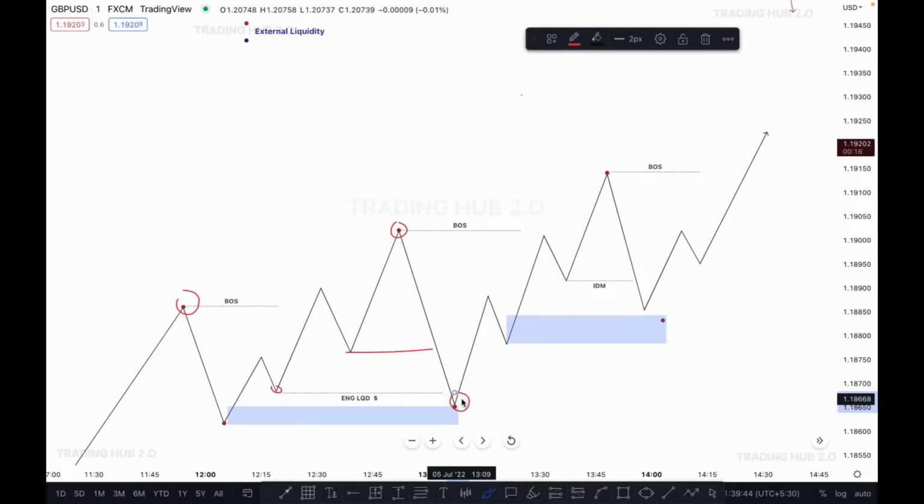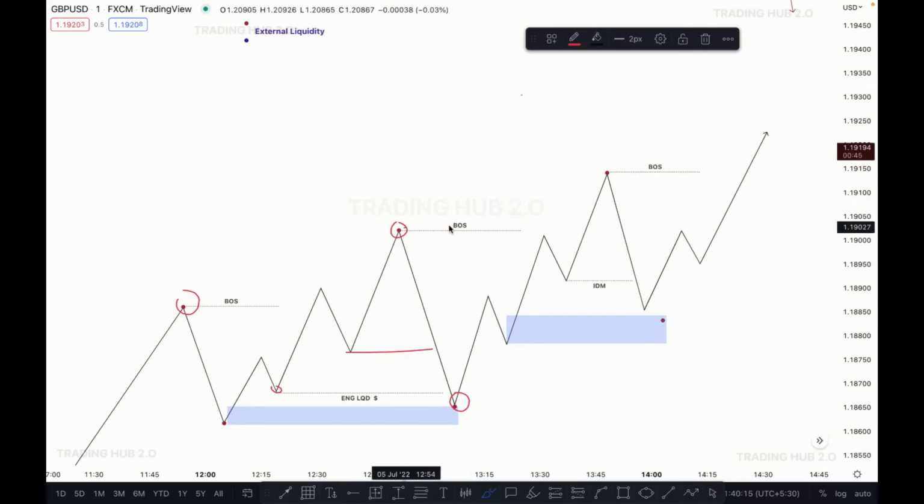We will discuss this in detail in the upcoming chapter on entry. In this video you only have to understand inducement: find the inducement, find the engineering liquidity and external liquidity, because these three things are very important, because without this liquidity and inducement you can't trade. If you understand these things, they are very important.